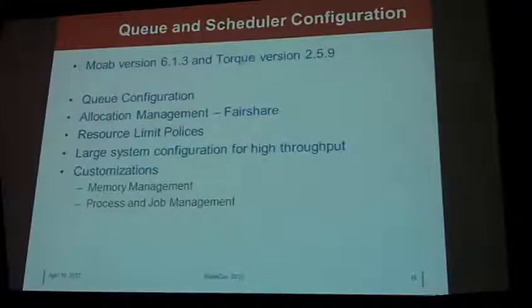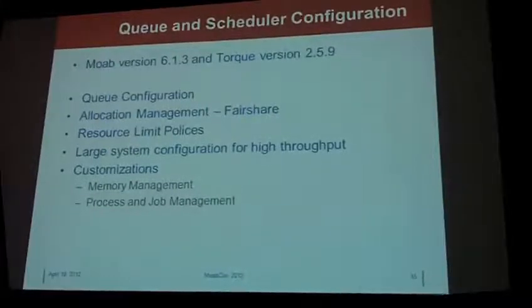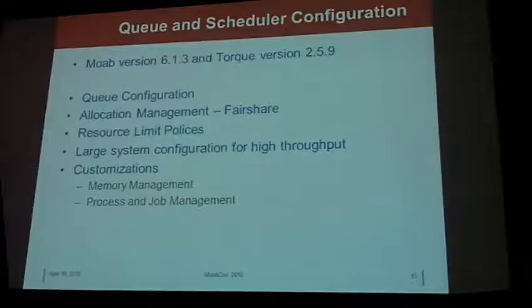I'll touch very briefly on some of the resource limit policies that we apply. And then I'll talk, again very quickly, about some of the large system configuration, which we've well covered already. But the thing I also want to particularly talk about is some of the customizations, which may or may not be features that we're using properly in Moab, but things that we found for our particular environment have come in to be very handy.